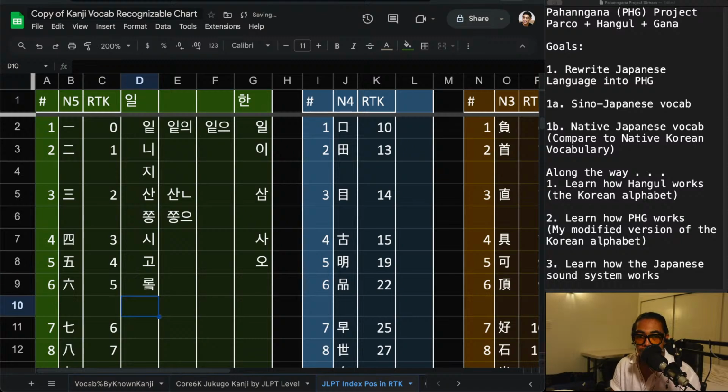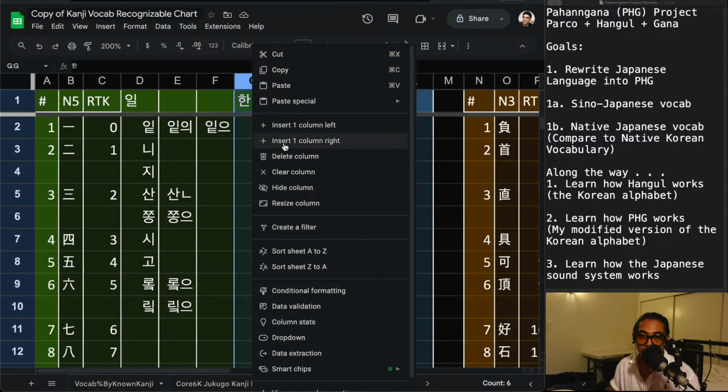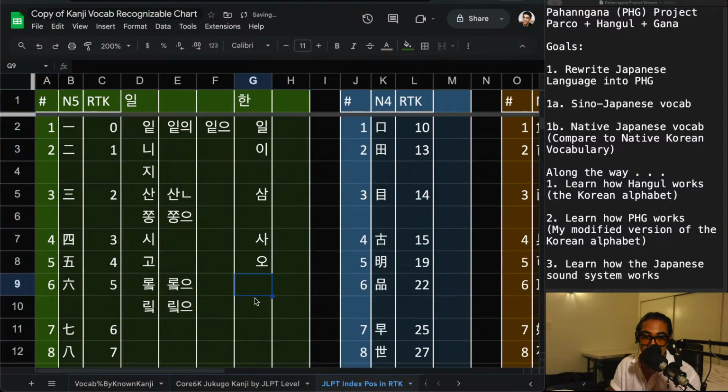Roku and Riku. And this is actually one of the few instances where Korean has more than one pronunciation. Ryuk and Yuk. Now, you will often see this. Korean will drop the initial R and it'll just become silent.